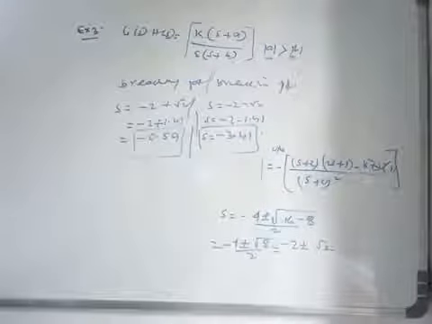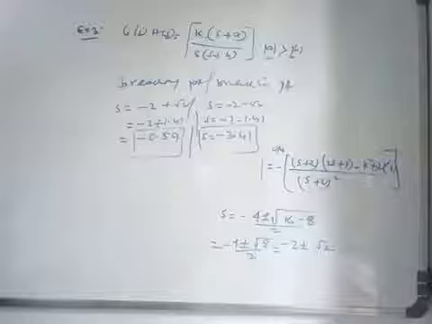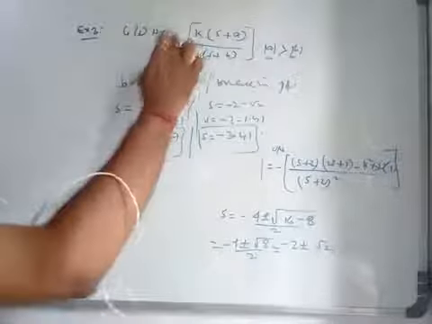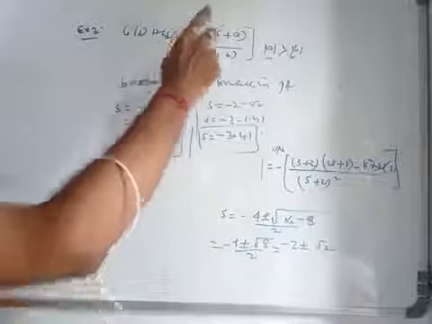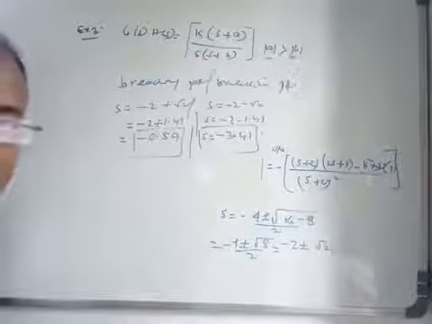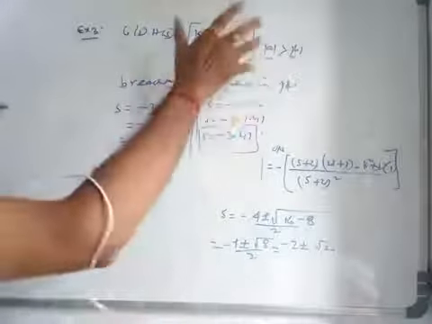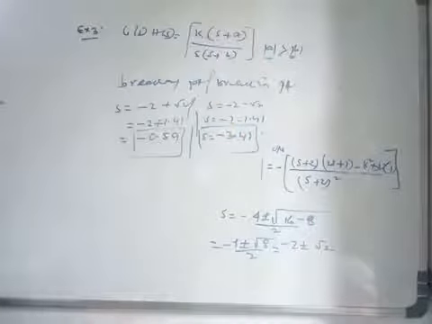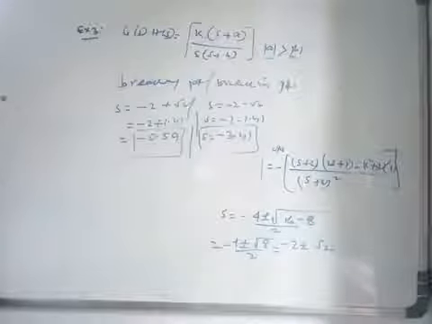You see, that means breakaway point and break-in point, and the structure is like this: k into (s plus 2) by s into (s plus 1). So definitely we know this will be a circular structure.